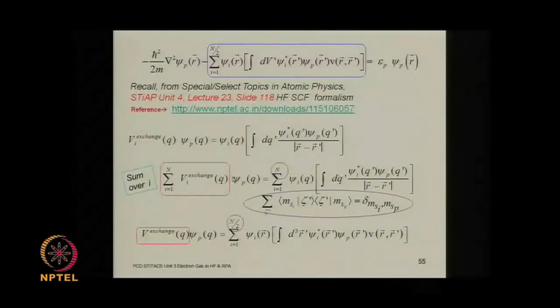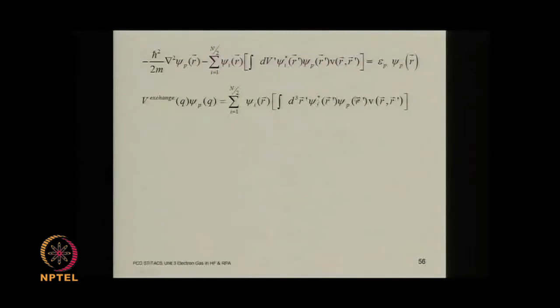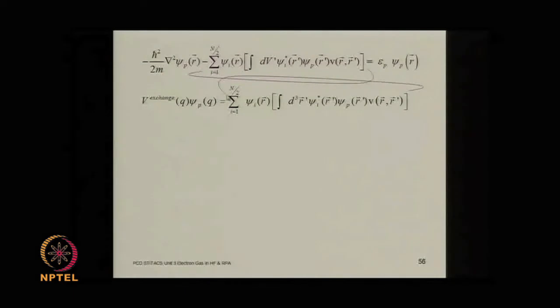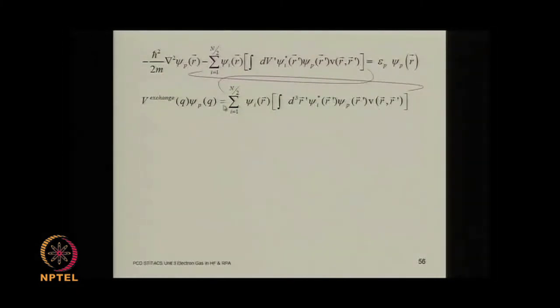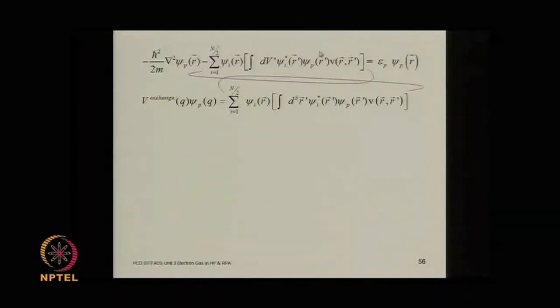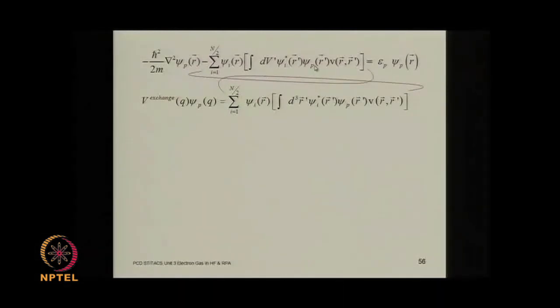You have this result that the exchange operator operating on the orbital psi p of q is given by this sum. So, I will now use this result. Notice that the right hand side of this is nothing but the exchange term over here. It is exactly the same.